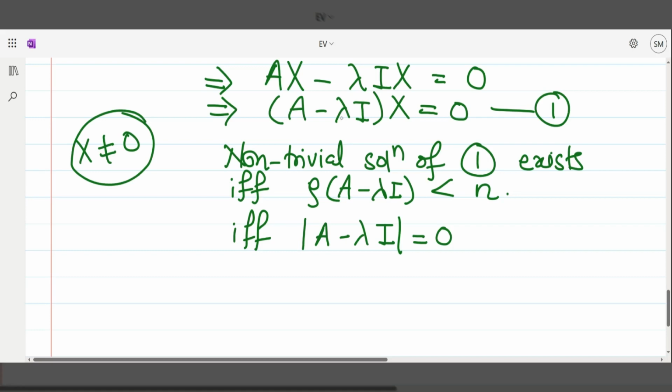This is equivalent to finding a non-zero x which satisfies the condition A x equal to lambda x.